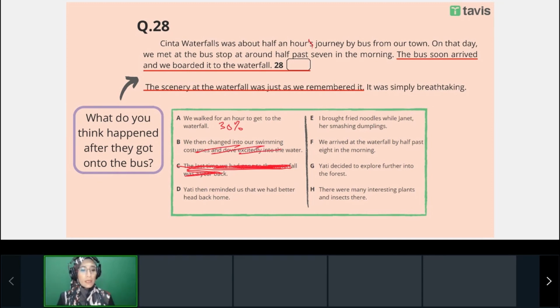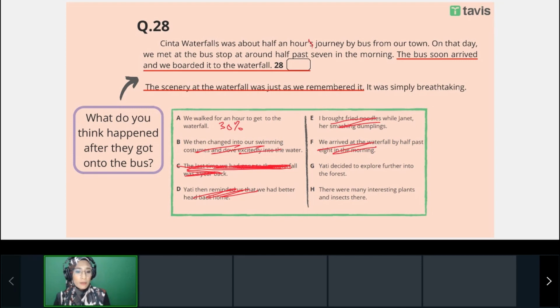Okay, and then Yati reminded us we had better head home. Like I said, this is most suitable for almost the conclusion part. So we're going to remove this, and this one is about food. Don't think so. Then we arrive at the waterfall again. No. Then Yati decided to explore further into the forest. Maybe so.